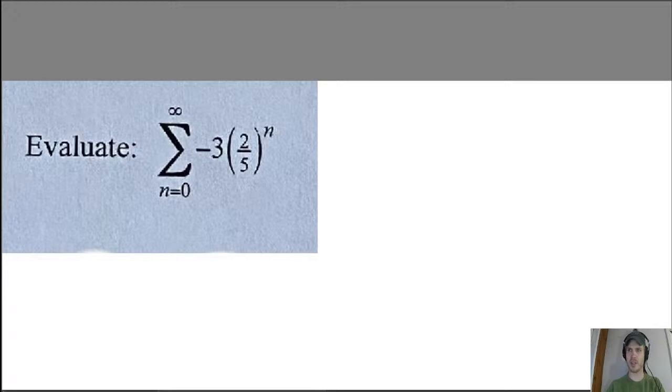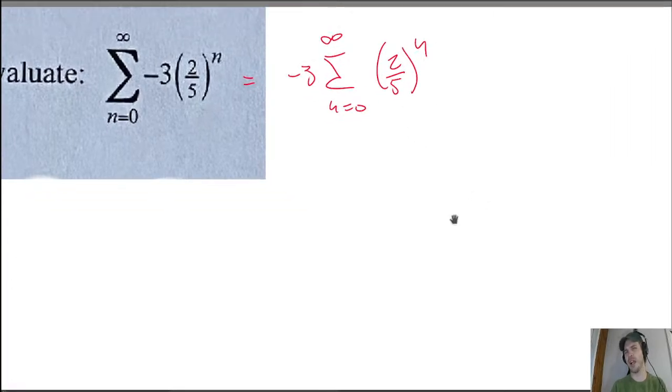This is the same thing as -3 times the sum from n equals 0 to infinity of 2 over 5 to the n. So I think we could use ratio here. So we need to show that this converges, because the negative 3 times that will converge.